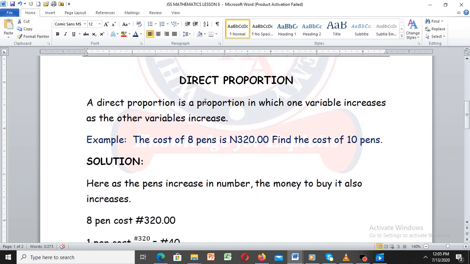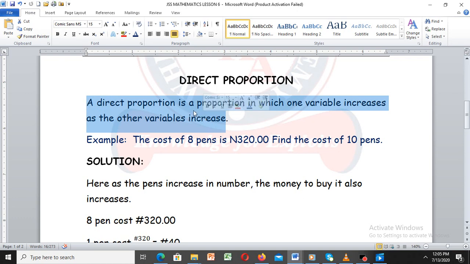Then in proportion we have what we call direct proportion, and we also have indirect proportion. But for today, I'll talk more on direct proportion. What is a direct proportion?